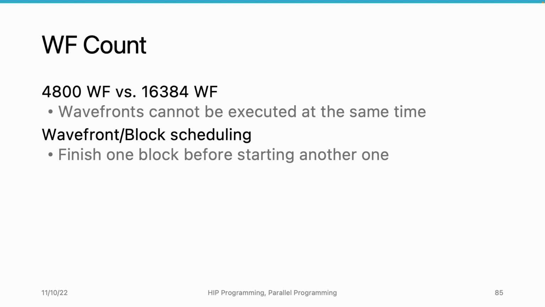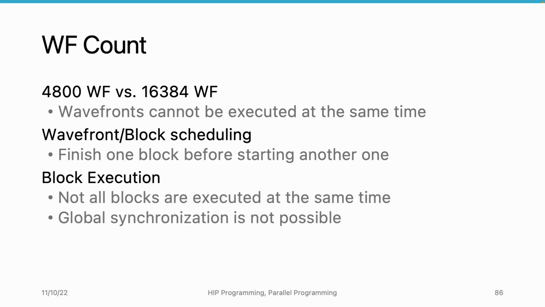That means not all the blocks are actually being executed on the GPU at the same time. Some blocks may be executing at the beginning, then these blocks need to finish execution, and then other blocks can start execution. That means global synchronization, or synchronization across blocks, is generally not possible for GPUs.